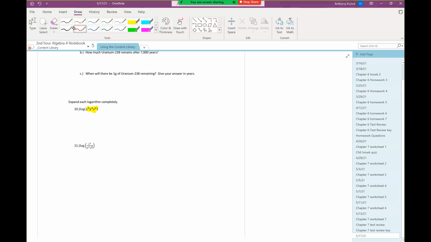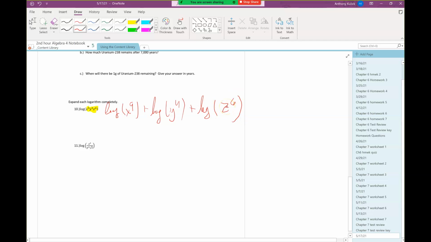There's one in between the x and the y, and another one between the y and the z. So there's 2 product properties that I can do. So the product property allows me to break all these things that are multiplied together up, put them in their own separate logarithms, and put a plus sign in between them.